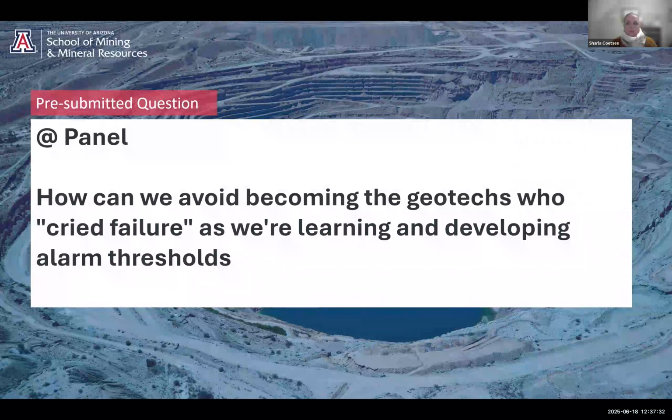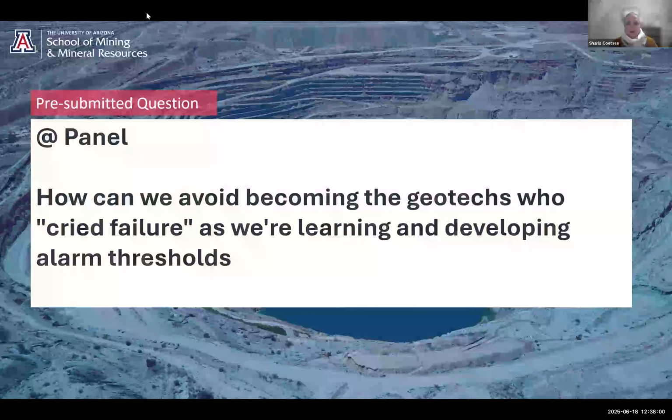It can be a database approach of information that you're collecting. It can be empirical. You could be sharing information with brother or sister operations who have very similar geotechnical environments. So there's a bit of a toolkit for starting to set alarm thresholds and really pick the brains of your service providers, because they know the equipment, they've seen a multitude of different geotechnical environments, and we have a good inkling of where to start.